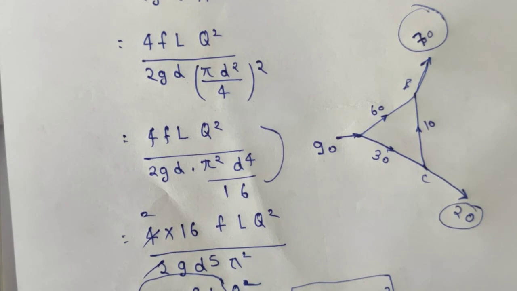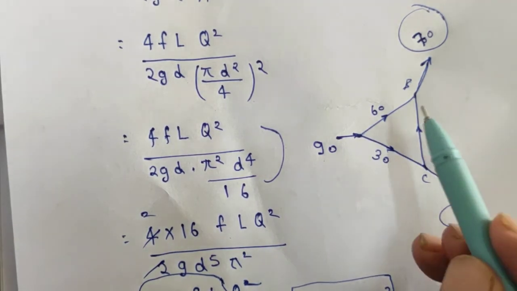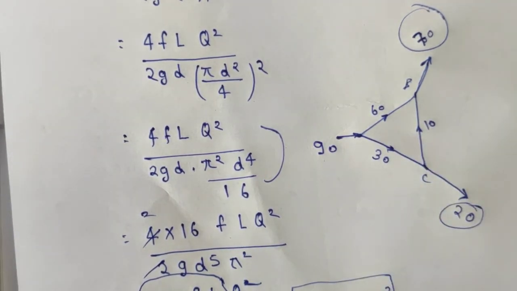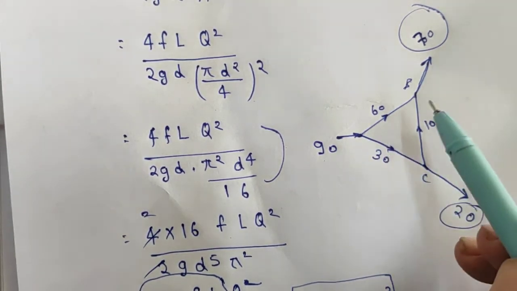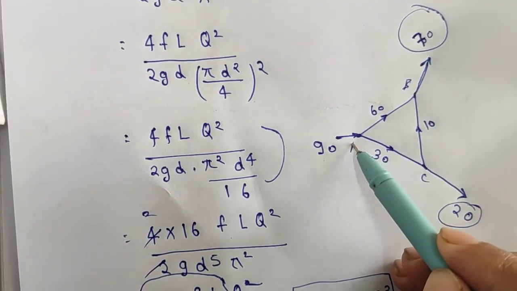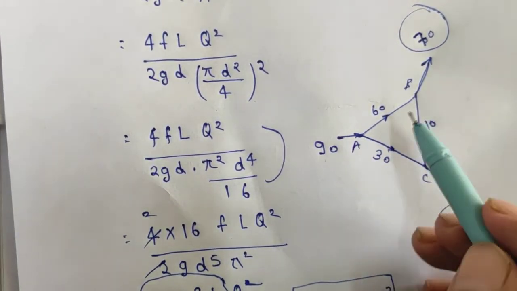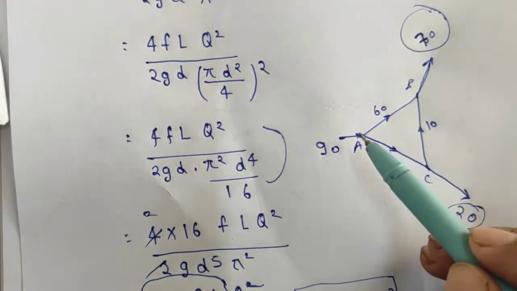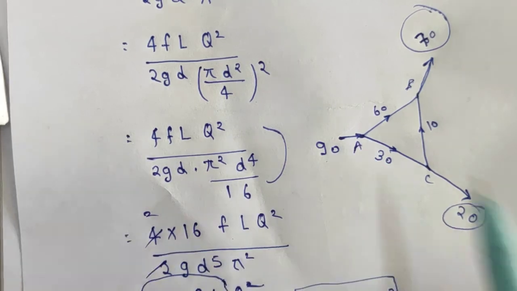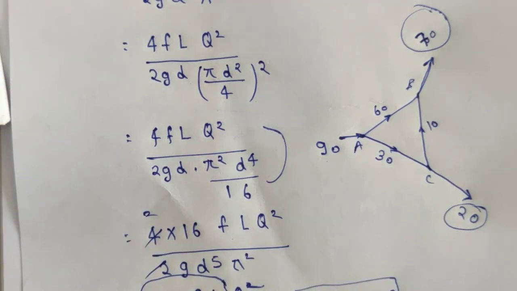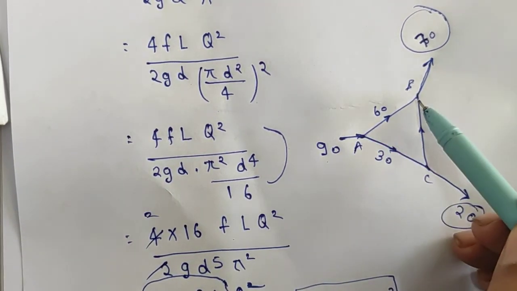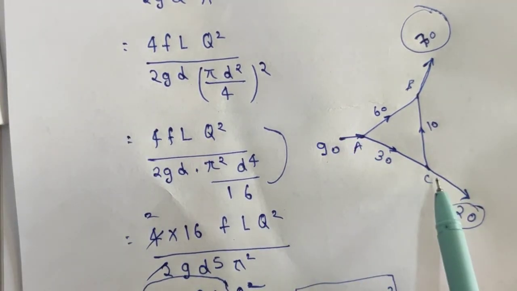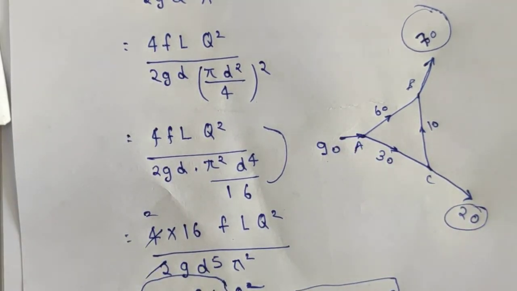So what we are actually doing is that we do not have the correct knowledge to predict that in this pipe network, for example this is A. We know that 90 was entering from here, but we cannot properly say that 60 is going here and 30 is going here. So what we are doing in the Hardy-Cross method is a system of trial and error.